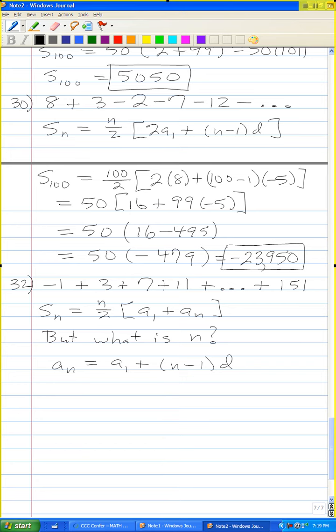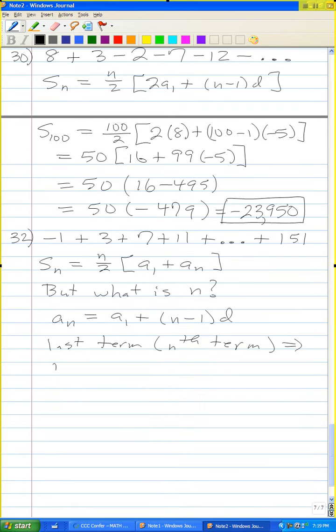And so let's look at the last term, the nth term. And so the last term is 151. The first term was negative 1. I don't know what n is, but whatever n is, that will give me how many terms in this sequence.